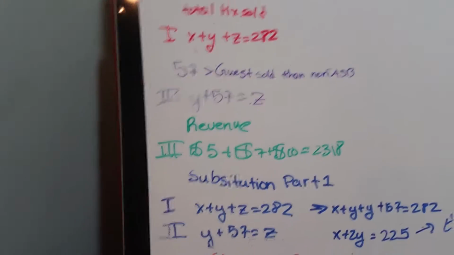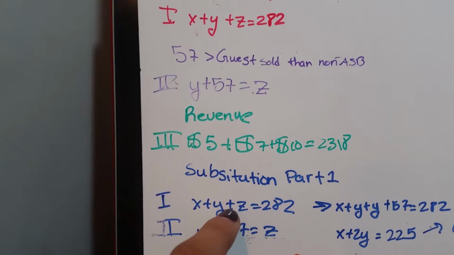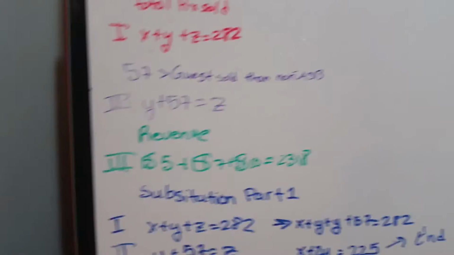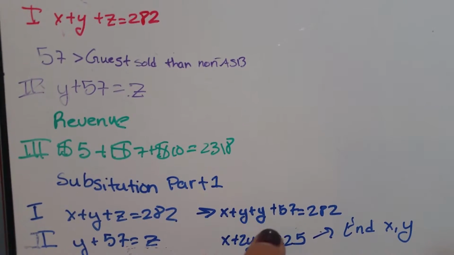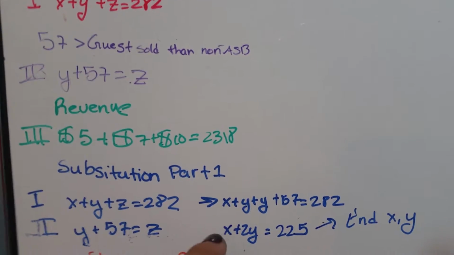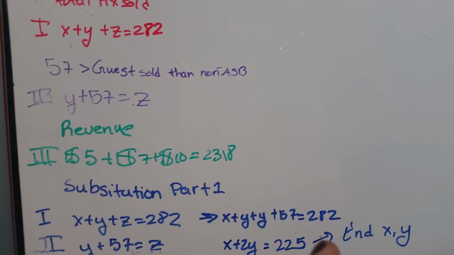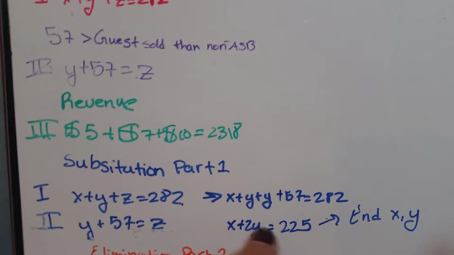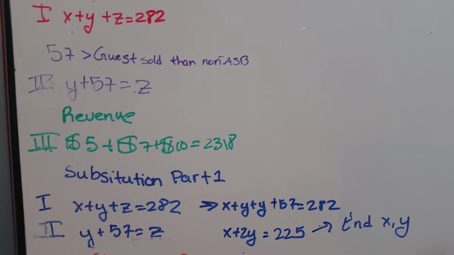We know what x is, so we can substitute that for the x in the first equation. When you do that, it's going to look like this: x plus y plus 57 equals 282. Once you simplify all that, it's x plus y, 57 minus 57, and then 282 minus 57 equals 225. So x plus 2y equals 225.